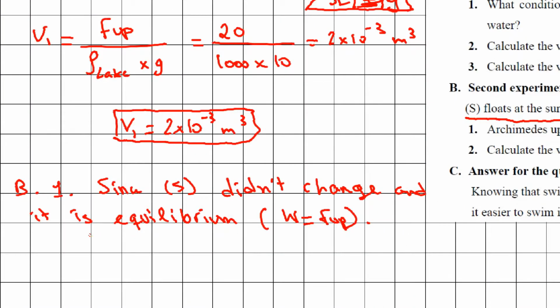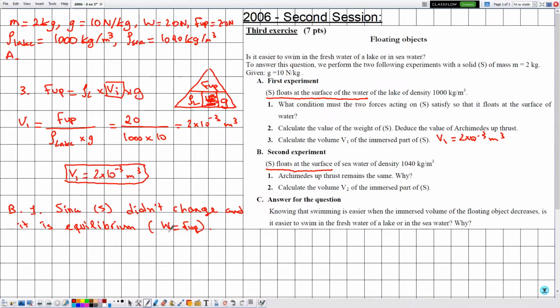So because we didn't change S, the mass didn't change, then the value of W didn't change, then in this case F upthrust will remain equal to W, which is given by 20 newtons. Then the magnitude of the Archimedes upthrust remains unchanged, remains constant, remains the same.